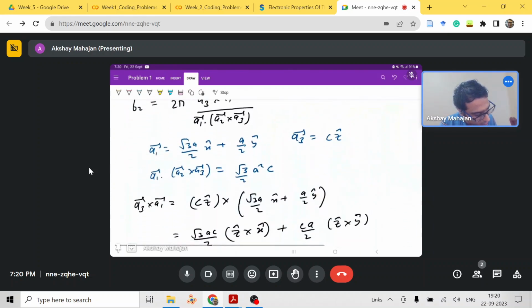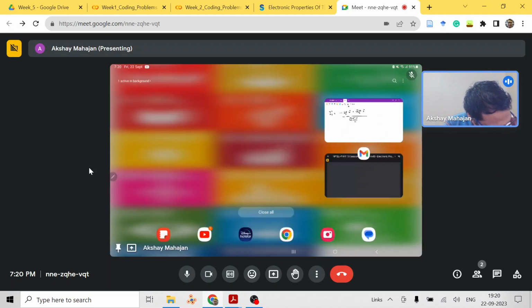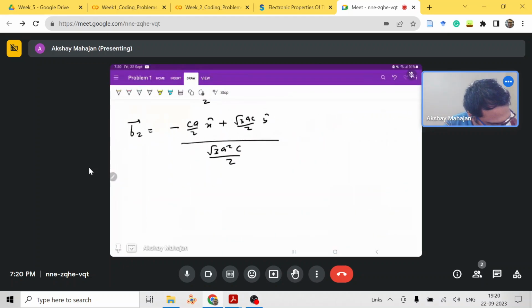So if I calculate it here, the ac values will cancel out, and I will have minus 1 by root 3 a times x cap plus 1 by a y cap.